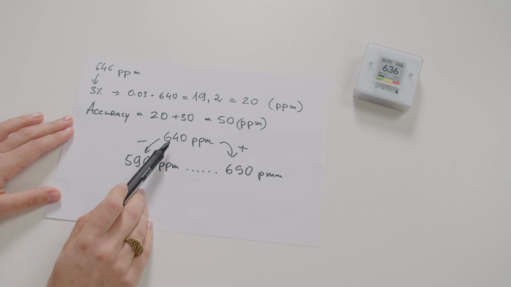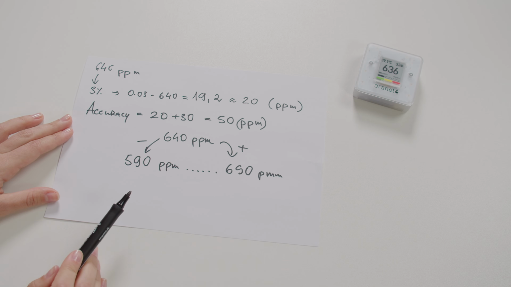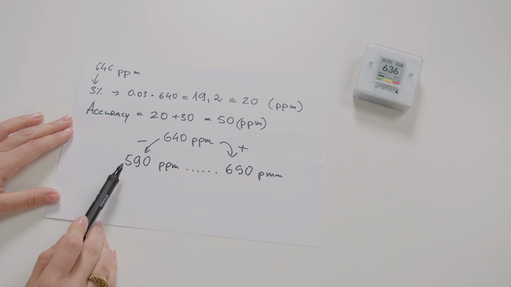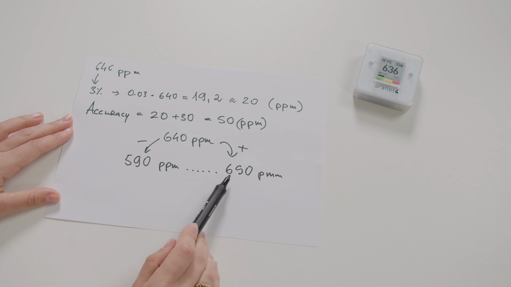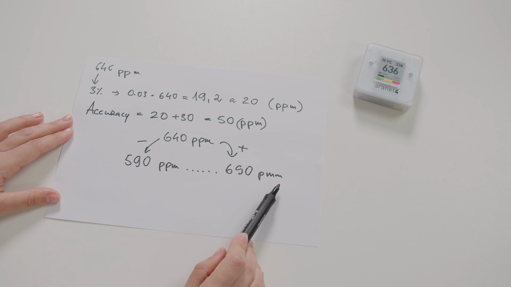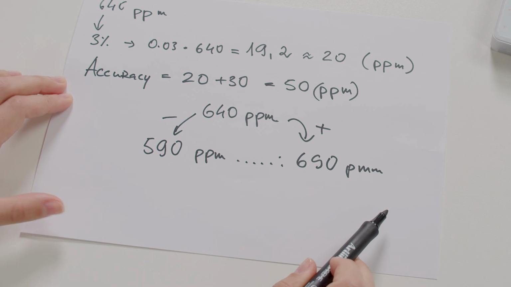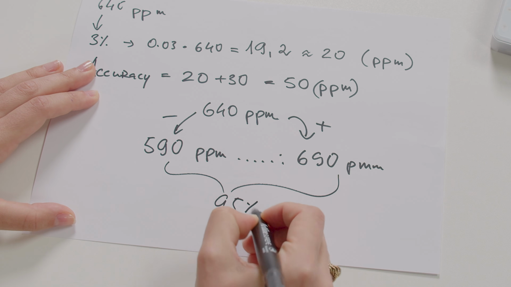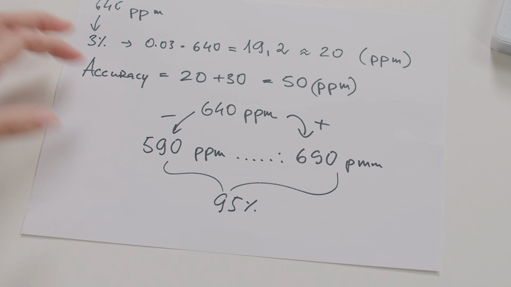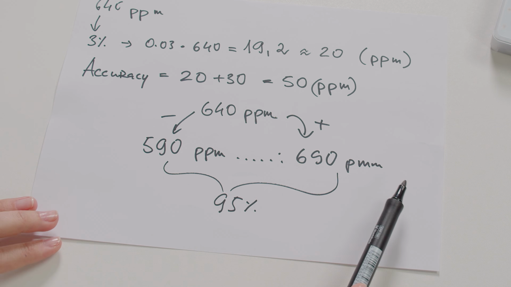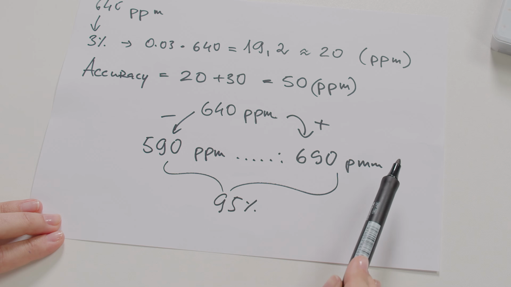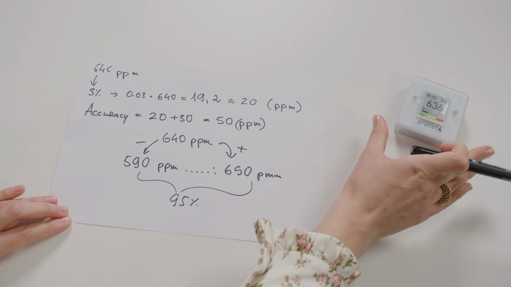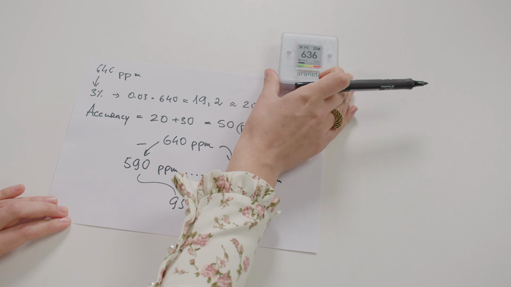So our original reading says that the true value of CO2 concentration in this room is somewhere in the range from 590 parts per million till 690 parts per million. And this information holds true for 95% of the sensors. So there still is a 5% chance that the true value of the CO2 concentration is somewhere out of this range.